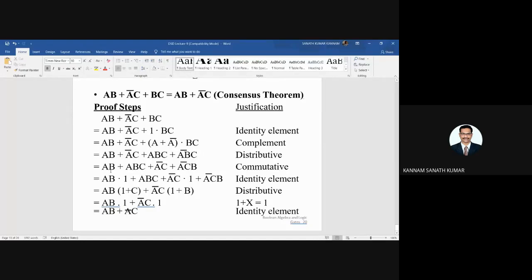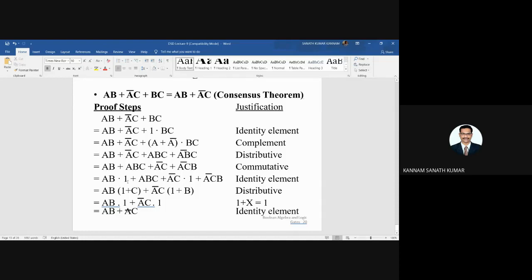Then from the commutative law, rearrange: AB and ABC, the first and third terms, together, and the second and fourth terms, A bar C and A bar CB.